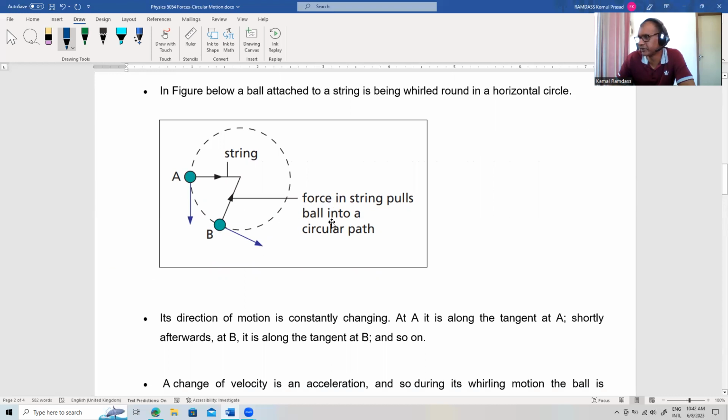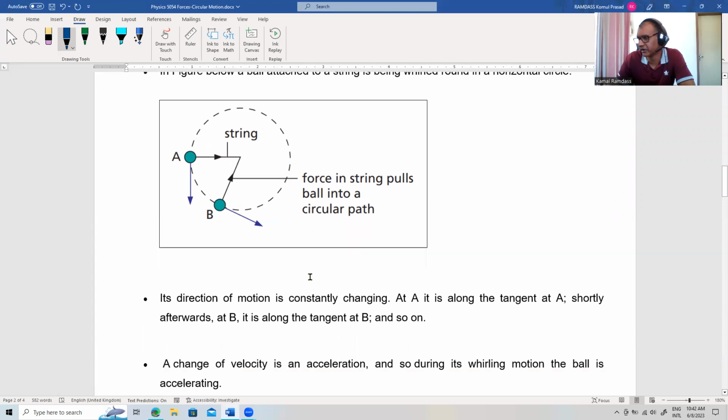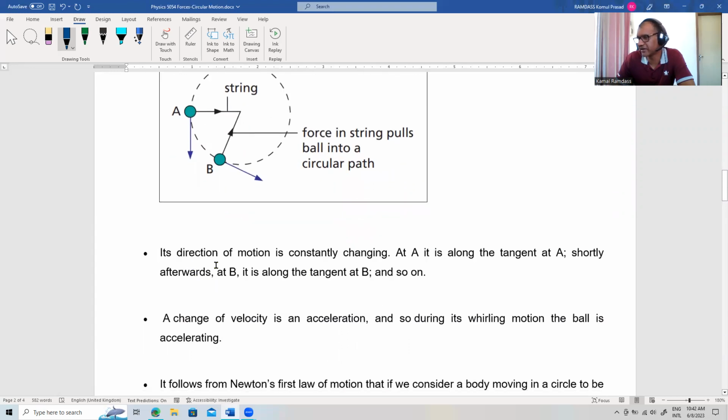Force in a string pulls ball into a circular path. Cette force, c'est une tension. It is a tension. OK? Et its direction of motion is constantly changing. At A, it is along the tangent at A. Shortly afterwards, at B, it is along the tangent at B, and so on.